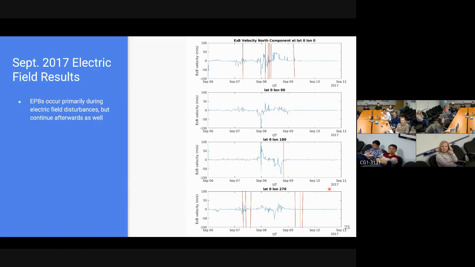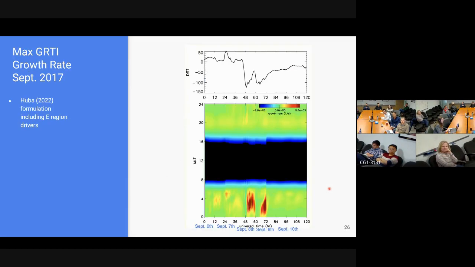Okay, so now to look at this more in depth, we can look at the Rayleigh-Taylor instability growth rates themselves. This is a plot from Joe Huba of the maximum GRTI growth rate from any apex altitude as a function of local time and UT during the September 2017 storm.